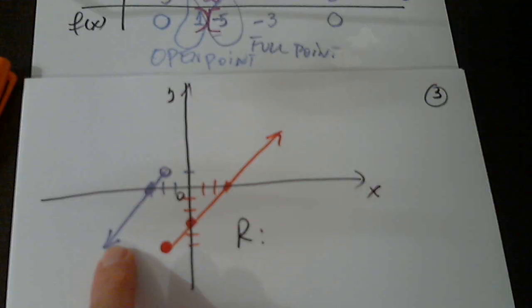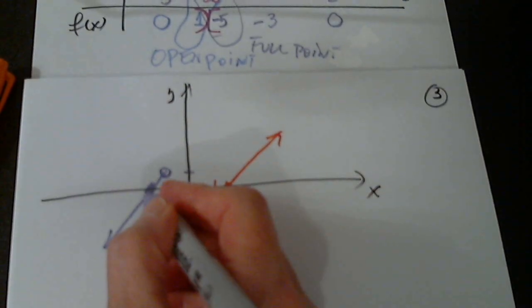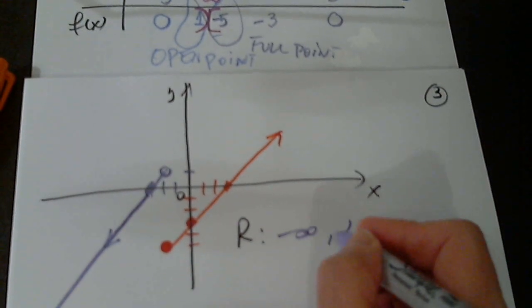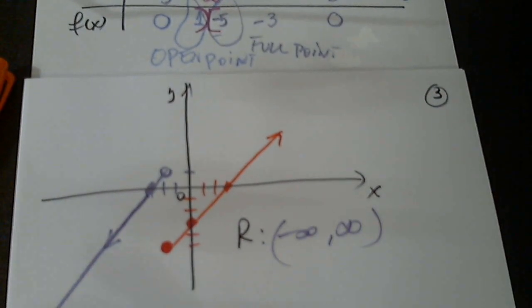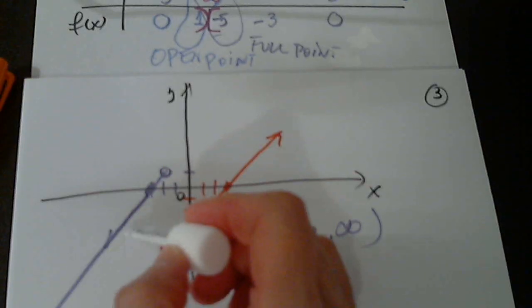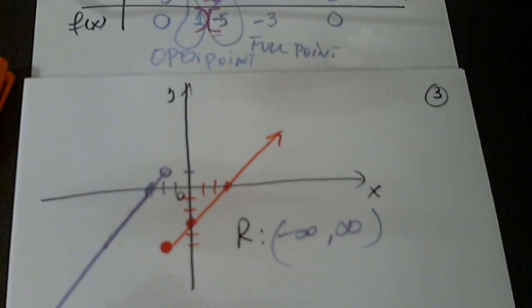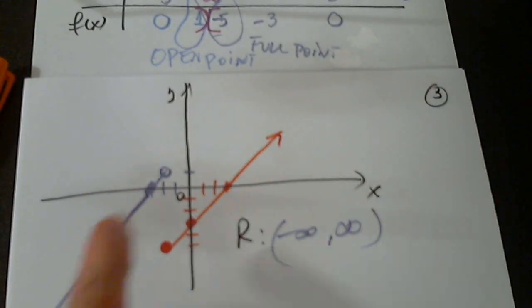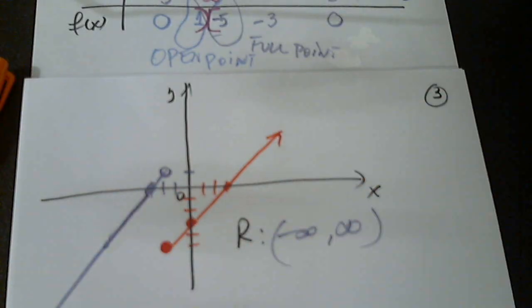Don't forget this arrow. Okay, my fault. -infinity to infinity. Yes. -infinity to infinity. You always look at the arrows. The arrows tell you what to expect, right? So if it stops here, it stops here. If this one stops here, it's a different story. But there are arrows in there.